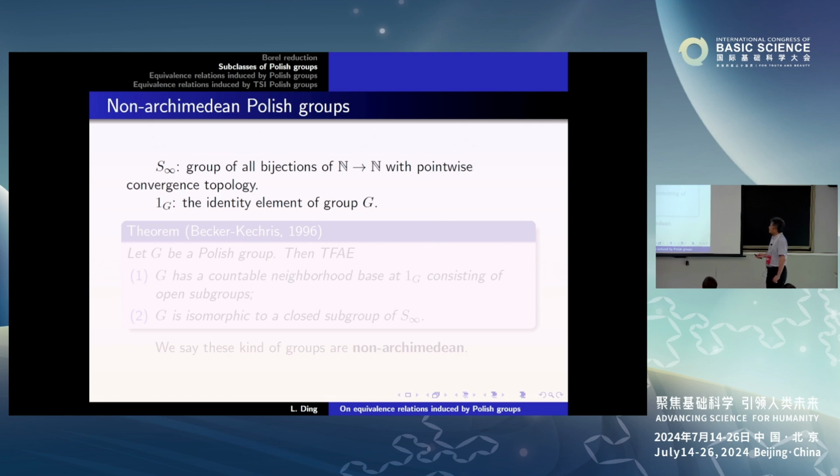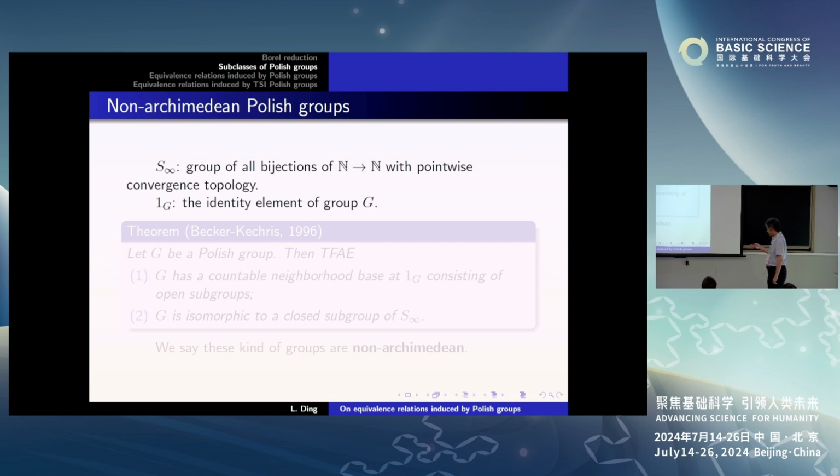Another subclass is so-called non-archimedean. Here we need a notion of S infinity. I think everybody knows Sn, the permutation group on n.